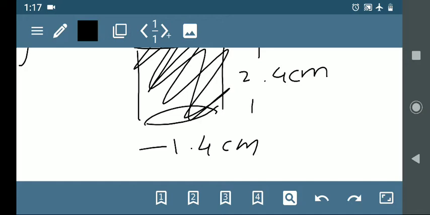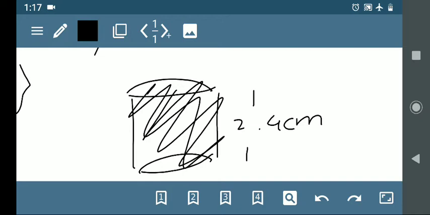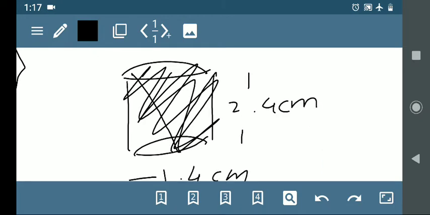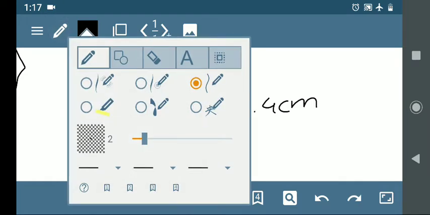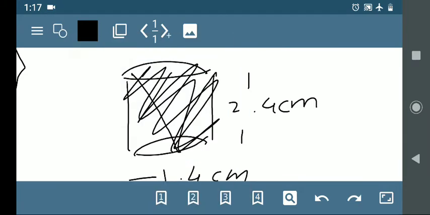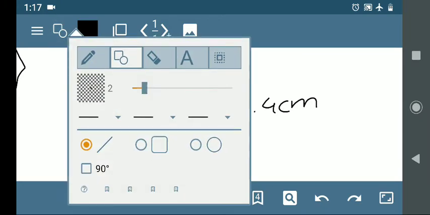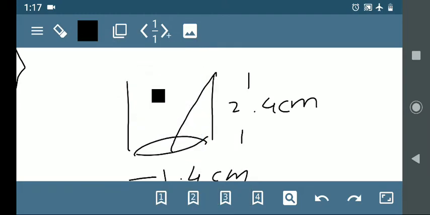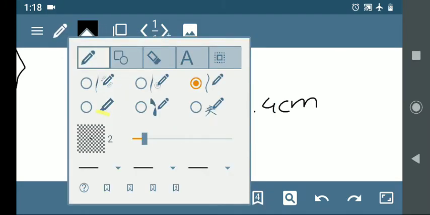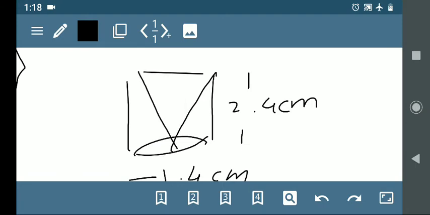So from this filled solid, they will remove some portion in the shape of a cone.